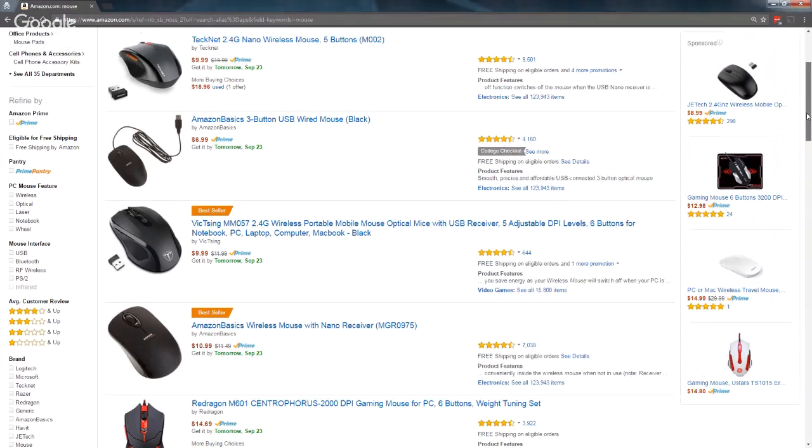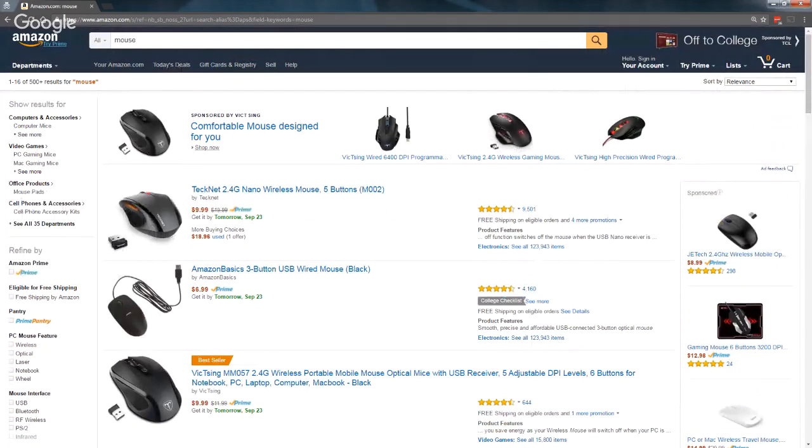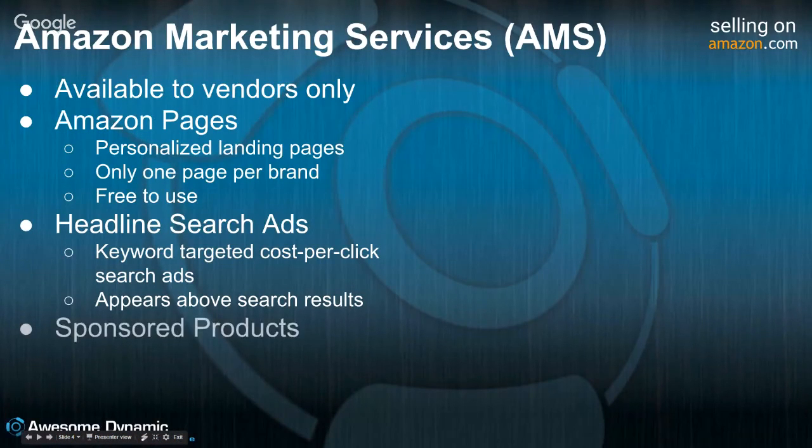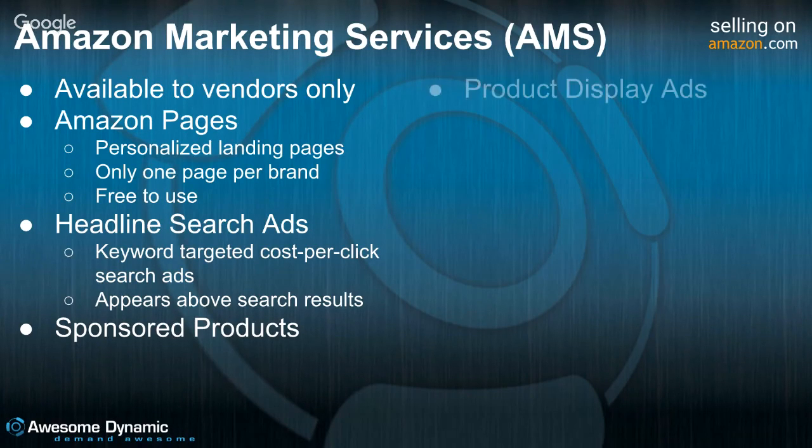All right, you want to flip back to your presentation and tell us about sponsored products? Yes. So the last item is sponsored products. Sponsored products is just like the product display ads, where you pay per click.